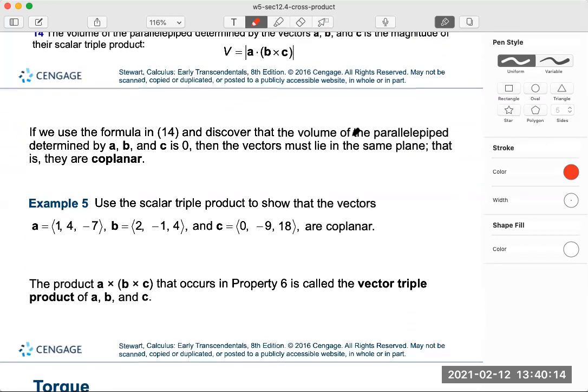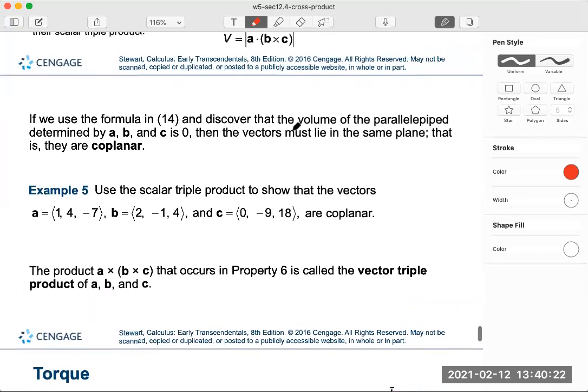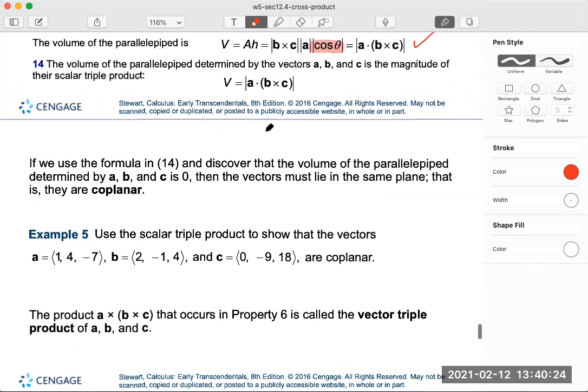So suppose we are given the 3 vectors, determine the parallelepiped here. If in the special case, the volume of that is 0, this means these vectors should be at the same plane, right?